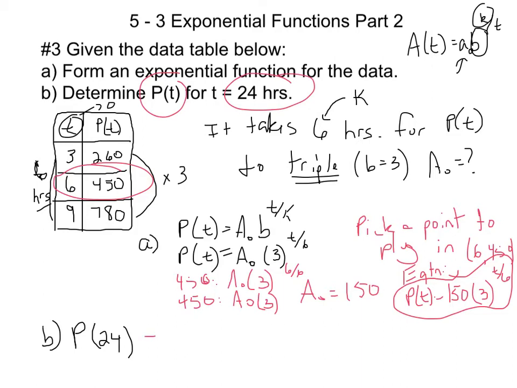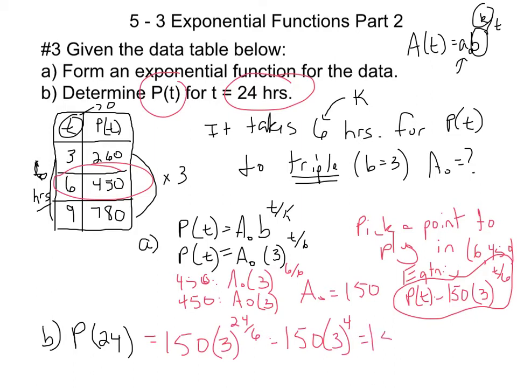Well, I got a formula now. I can plug it in. I started with 150. What's happening to it? Oh, it's tripling. How often? Oh, every 6 hours. And what are we interested in? Oh, 24 hours. So it's 150 times 3 to the 4th.